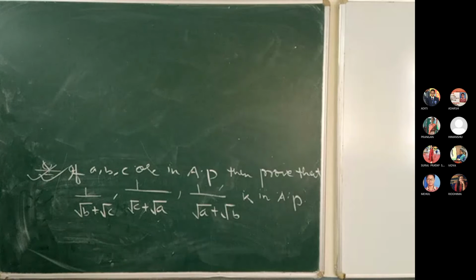Same method is going to apply here. First method: second term minus first term is equal to third term minus second term. And then perform cross multiplication, arrange the things, then you are getting 2B is equal to A plus C here also.